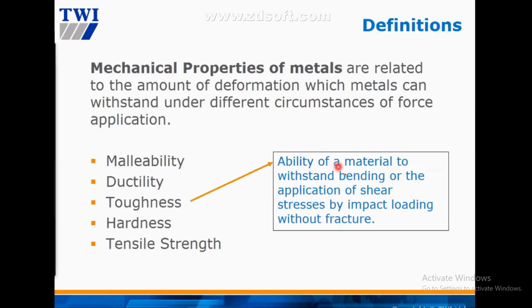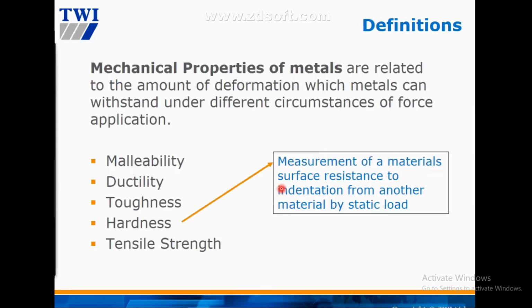Toughness: the ability of a material to withstand bending or the application of shear. If the material is difficult to bend, the toughness is very high. If a material is easy to bend, the toughness is low. Okay? Hardness, they're talking about the surface hardness of the material.